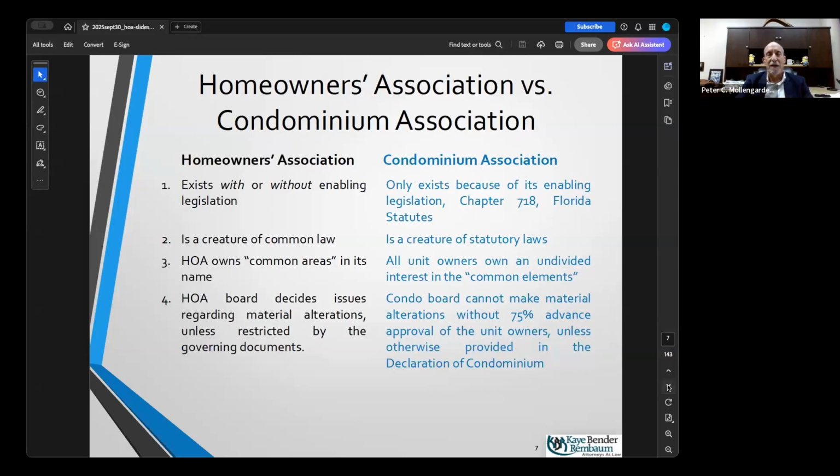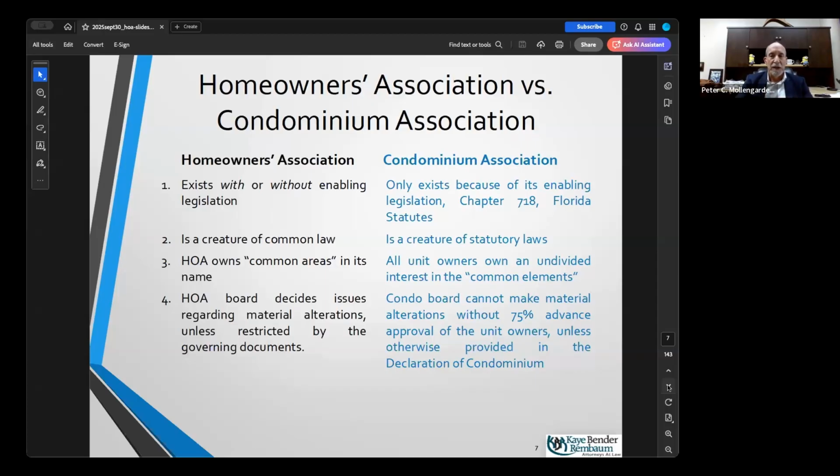Now, in an HOA, the common areas are owned by the association. Common area is anything: roads, clubhouse, tennis courts, facilities, pool, whatever. In a condominium, though, what's sometimes referred to as common area is actually called common elements, and all the owners own those common elements in undivided shares. So a condo doesn't own its common elements; they're owned by the owners, even though the association maintains and administers them.